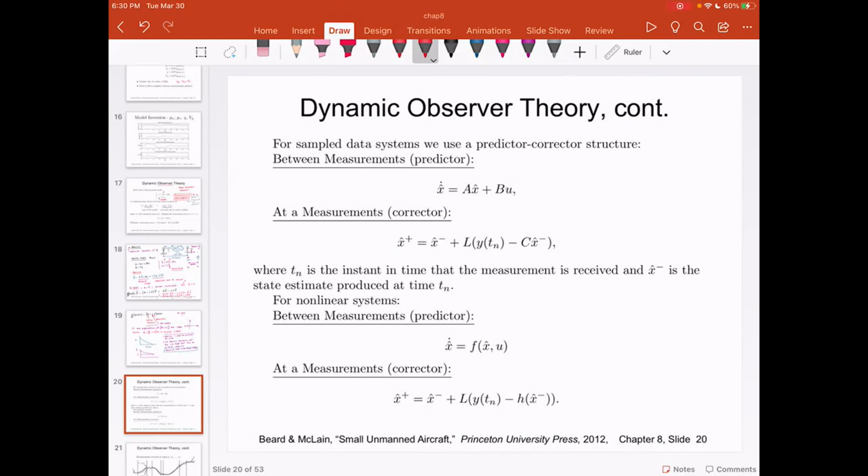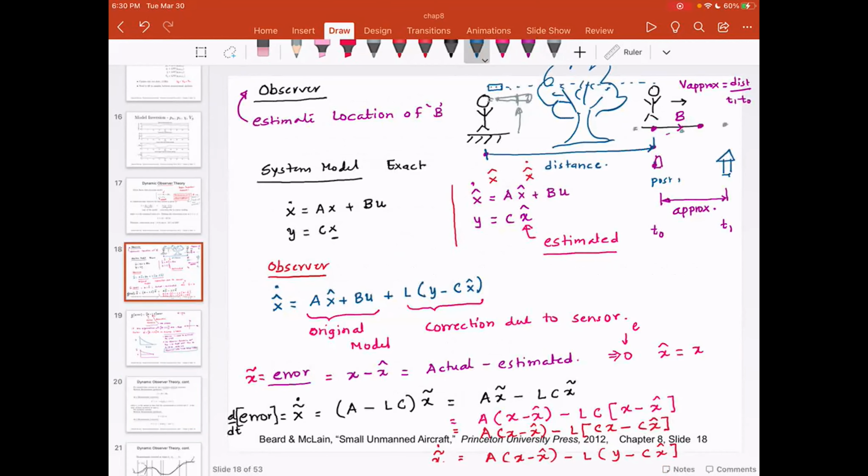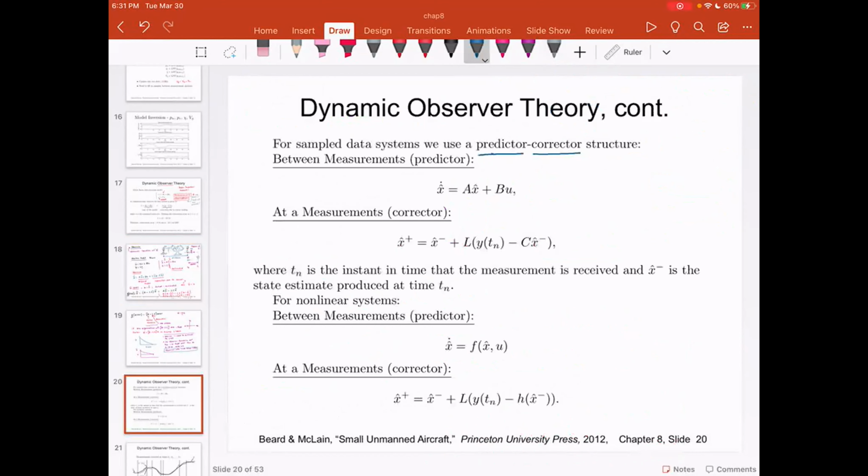What we have is something called the predictor corrector system. I'm going to assume that my friend is at location B. Sometimes I can observe him, sometimes I cannot. So I'm going to use some sort of a prediction scheme.